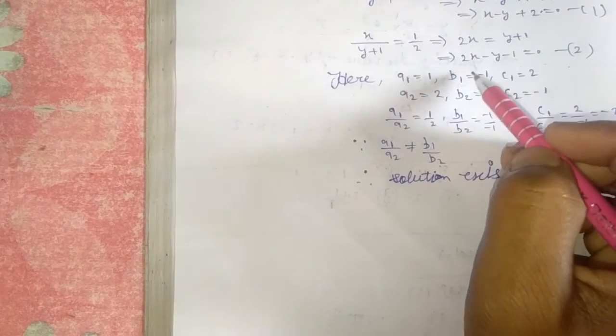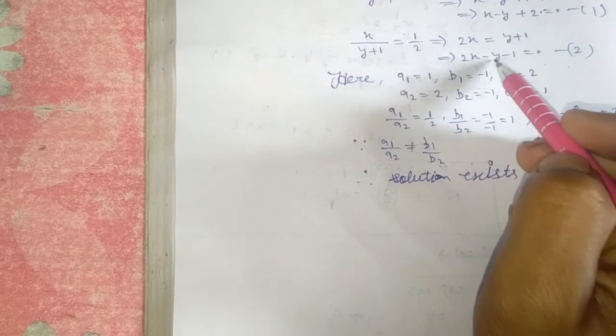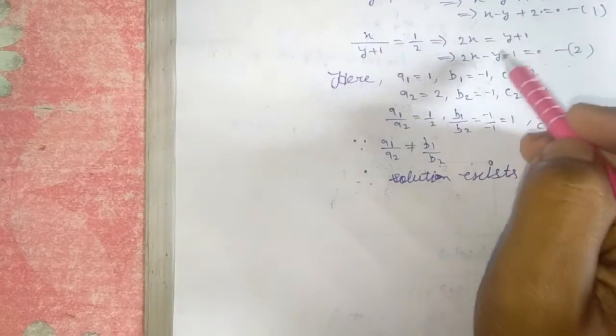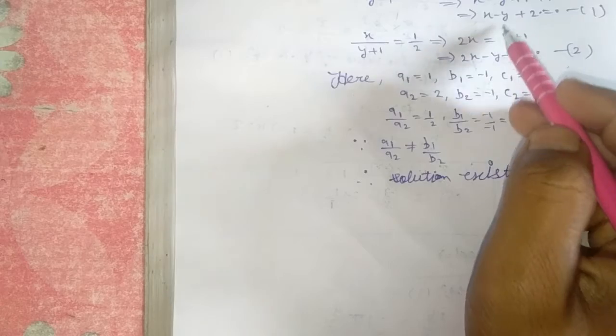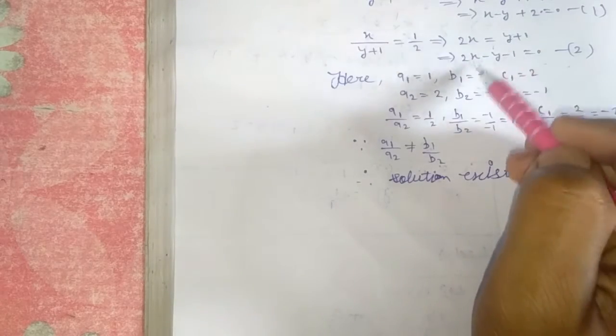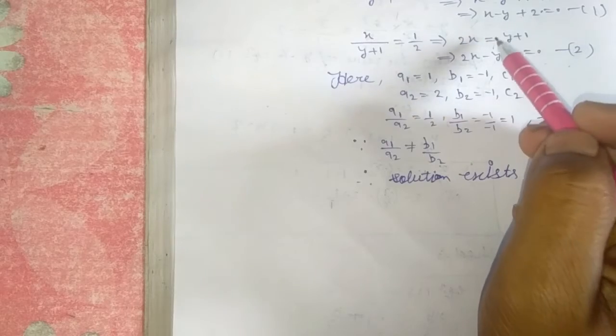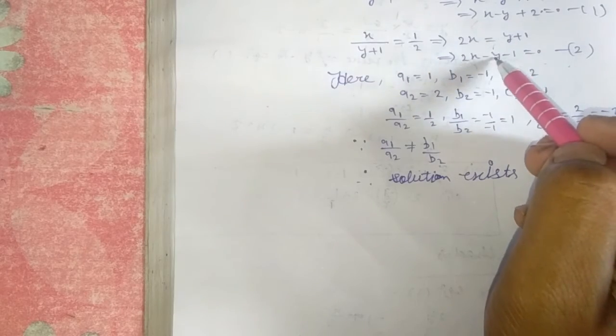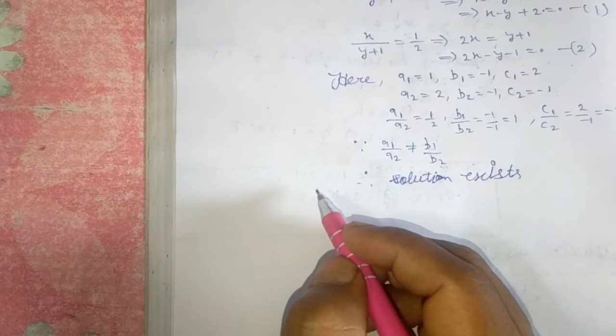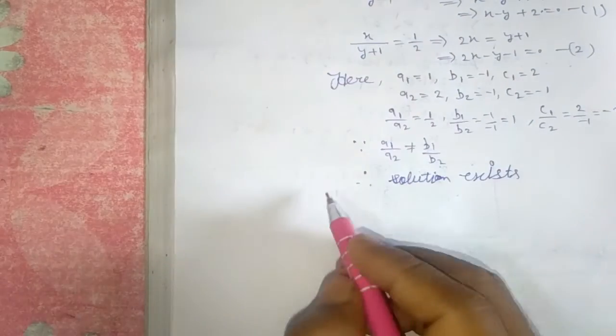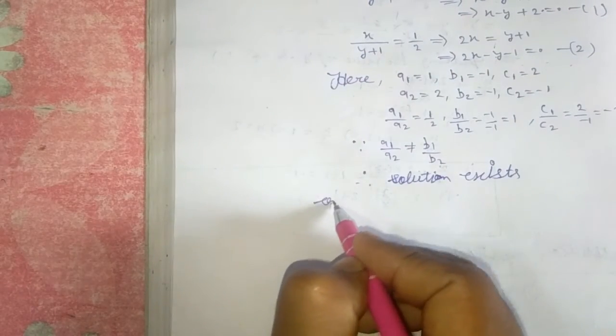Now we will solve these two equations by the elimination method. Here we can observe that the coefficients of y are equal, both in minus form. So whenever we subtract equation 2 from 1, y will be eliminated.